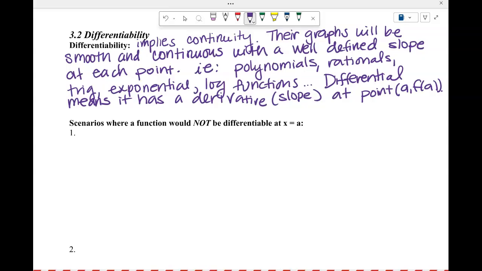So what we're saying is that if f has a derivative at x equals a, then f is continuous at x equals a.